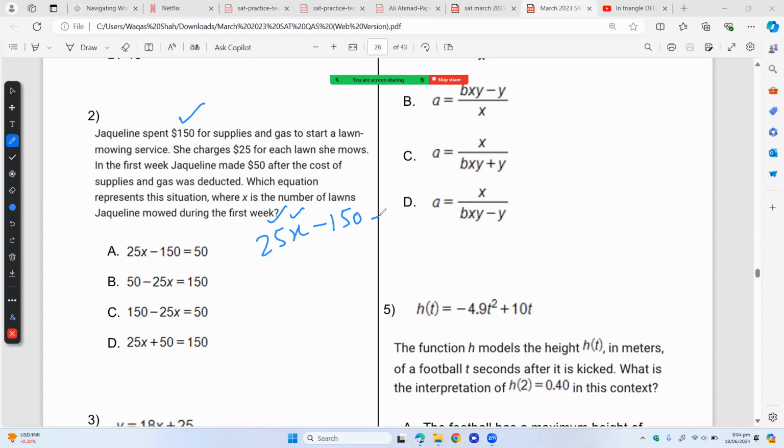And in that particular week she made $50. So the required equation is 25x minus 150 is equal to 50, and it resembles option A. So option A is the correct answer. I hope you understand this.